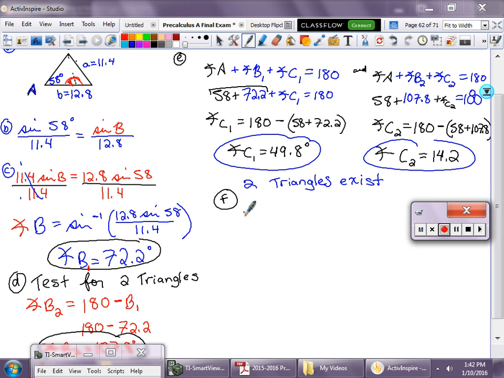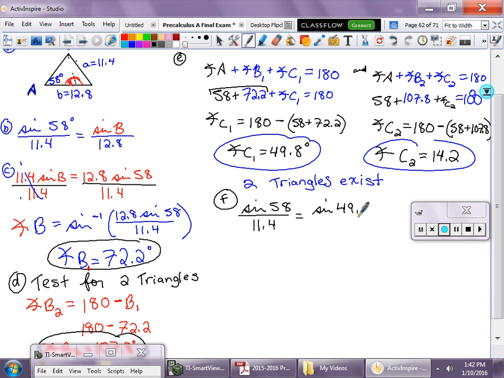Sine of 58, let's go back to black, it's easier. Sine of 58 over 11.4 is going to equal the sine of our angle C over, and we'll just call it C sub 1. We'll put the 1 and 2 after. It'll be less confusing. Cross multiply to solve.